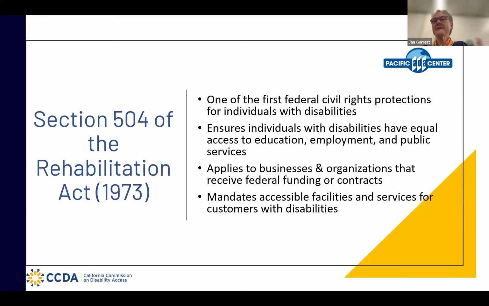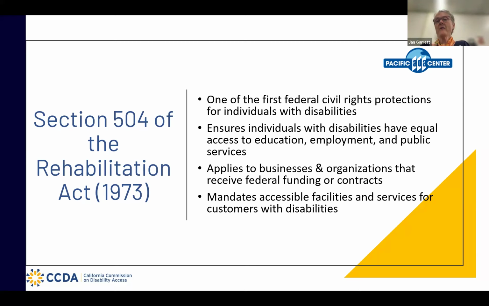And what the law does is that it makes sure that individuals with disabilities have equal access to education, employment, and public services. And it also applies to businesses and organizations that receive federal funding or contracts.